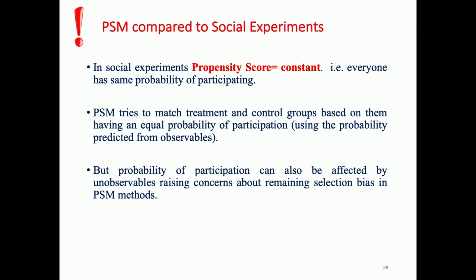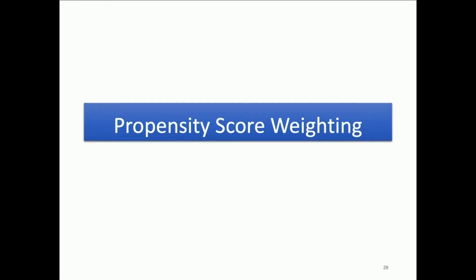So this is one of the ways we use the score, the PSM that I calculated. I compare between the treated and the control, I match between them, and then I compare the outcome of interest. Another way of using the PSM is what we call propensity score weighting. I will use it as a weight for the observations. If you remember, in like the ninth slide, where I was doing this table comparing the PSM and the regression approach, the regression approach is giving the same weight to all the observations.